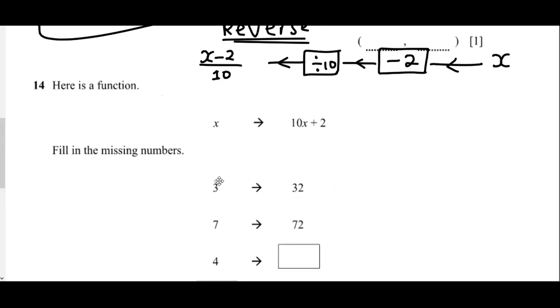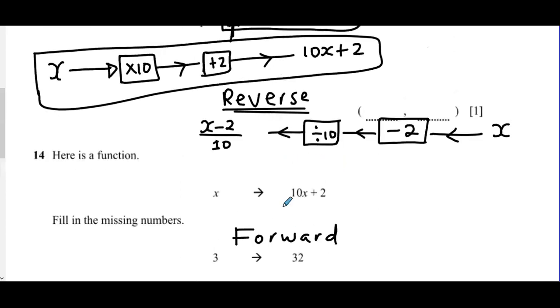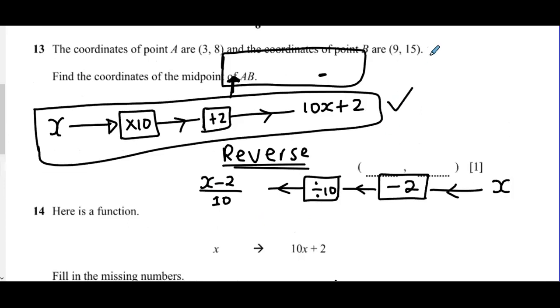When the input is 3, the output is 32. That means this is the forward movement. I'm talking about this function machine, which says whatever input comes here has to be multiplied by 10. After multiplying by 10, add 2, then you get your output.